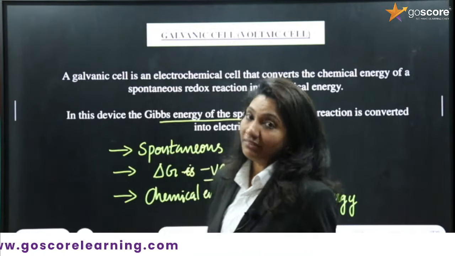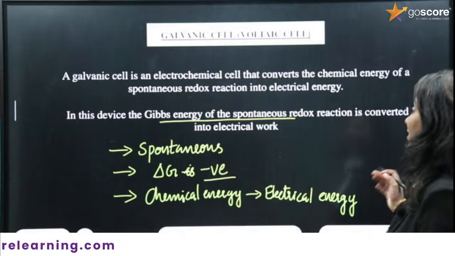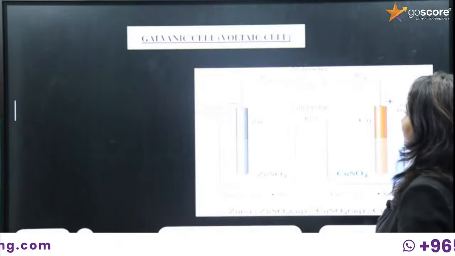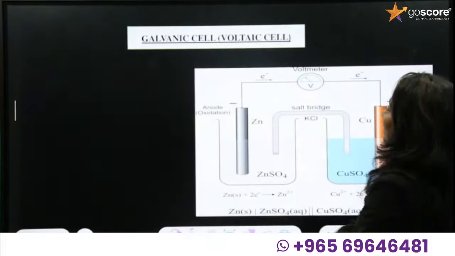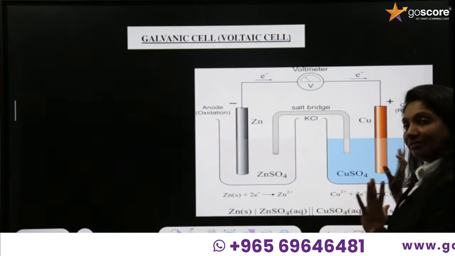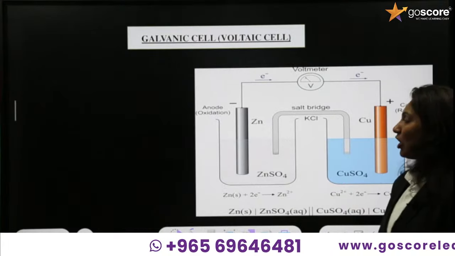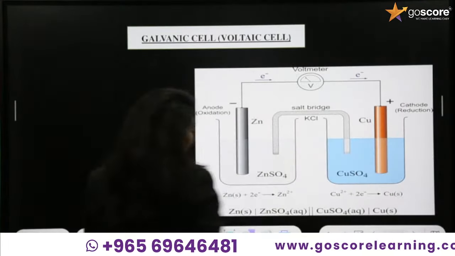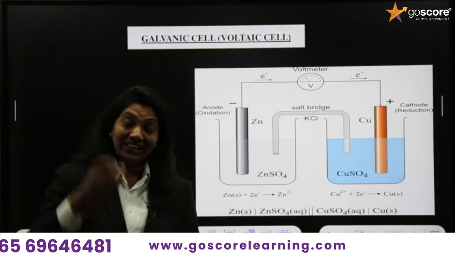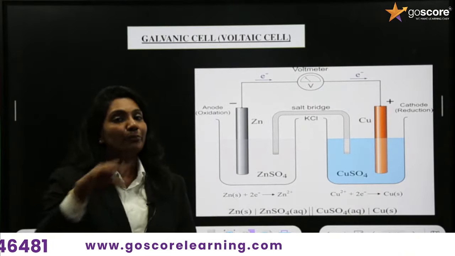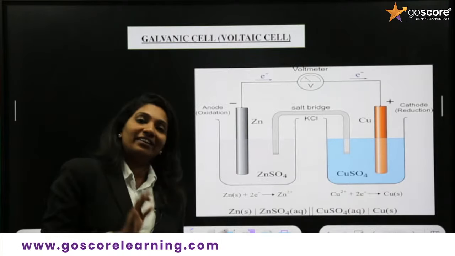Now let's see the diagrammatic representation of a galvanic cell. See, in the electrolytic cell there is only one beaker containing an electrolyte. In that beaker itself we put the two electrodes, the anode and the cathode.